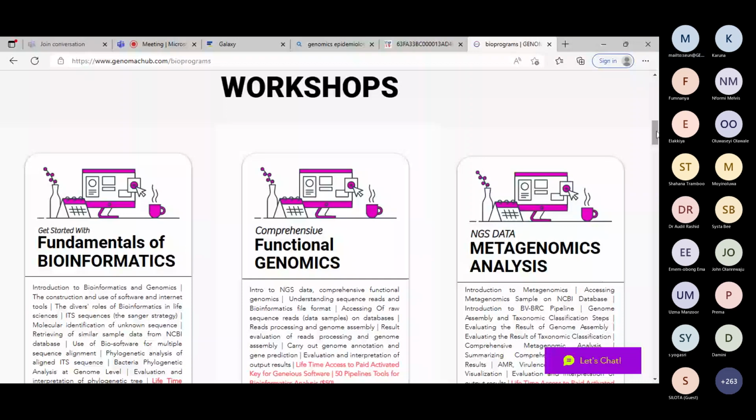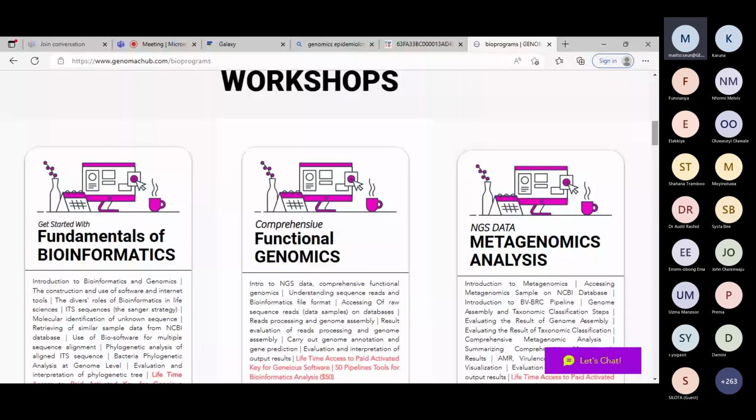We have the fundamentals of bioinformatics. In case this is your first time hearing about bioinformatics, you can get started with these fundamentals of bioinformatics.